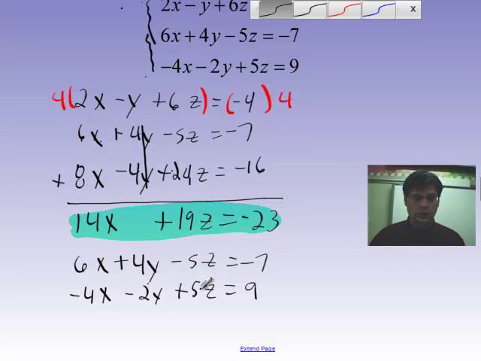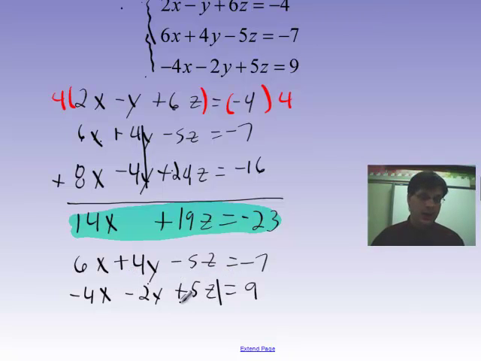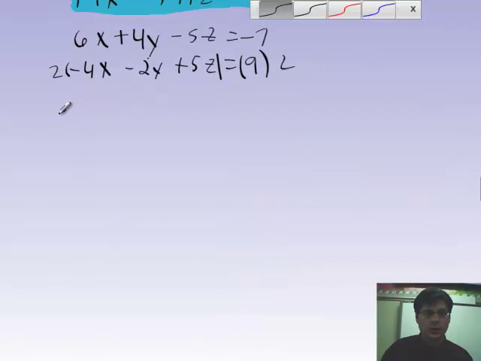So I'm going to multiply the bottom one by a positive 2, so positive 2 here and positive 2 here.